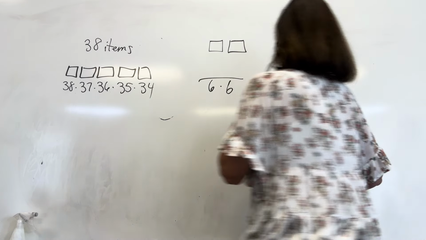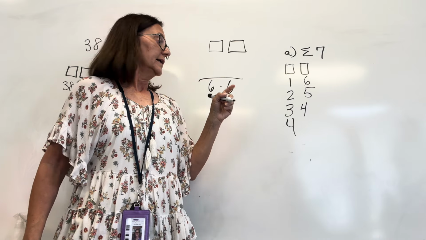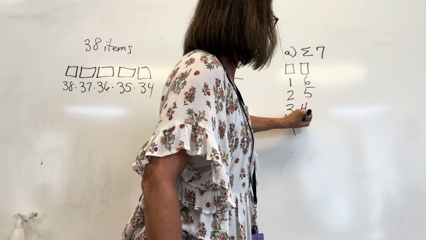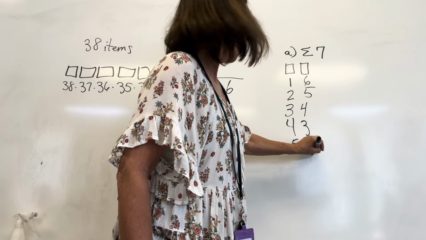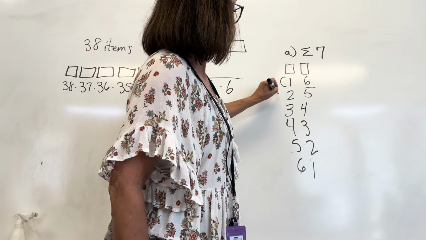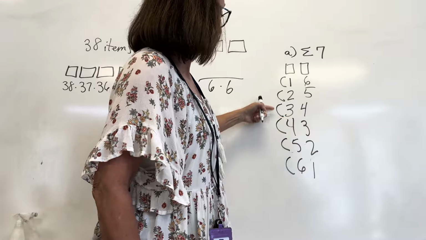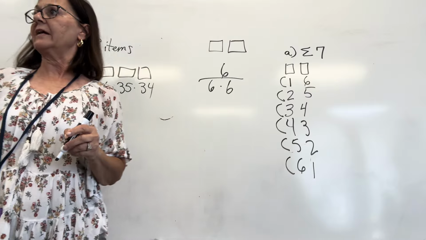If I roll a 4 on the first one, can I get a sum of 7? What do I have to get on this one? 3. What about if I roll a 5 here? 2. And a 6 here, 1. All right, so how many possibilities of that specific outcome? 1, 2, 3, 4, 5, 6. So it's 6 out of 36.